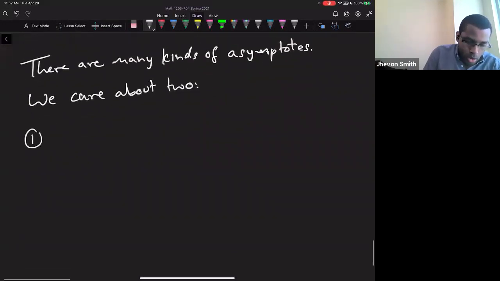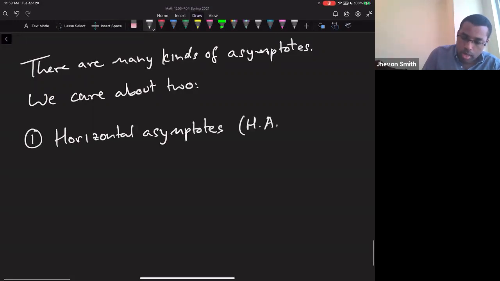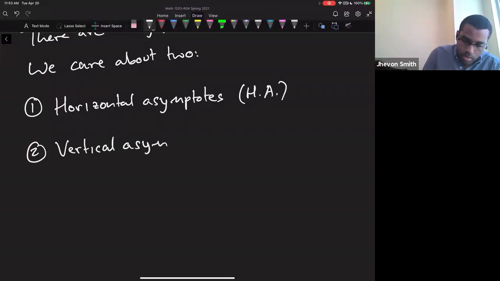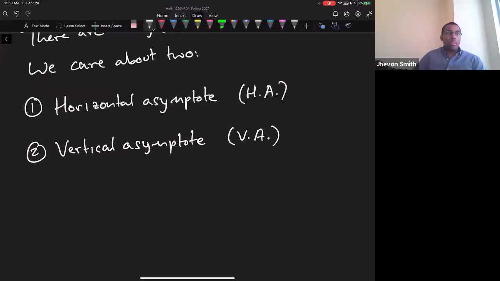So there's what's called horizontal asymptotes, which we'd abbreviate HA, and vertical asymptotes. We would abbreviate VA. So this pretty much just means when your asymptote is a horizontal straight line or a vertical straight line, we will care about when those things happen.